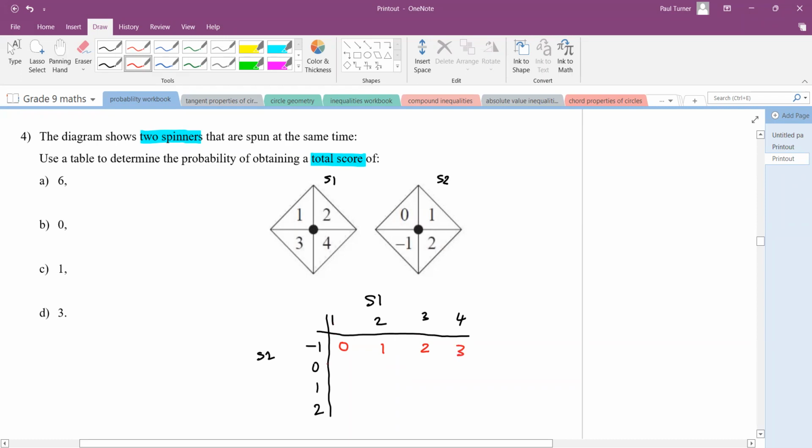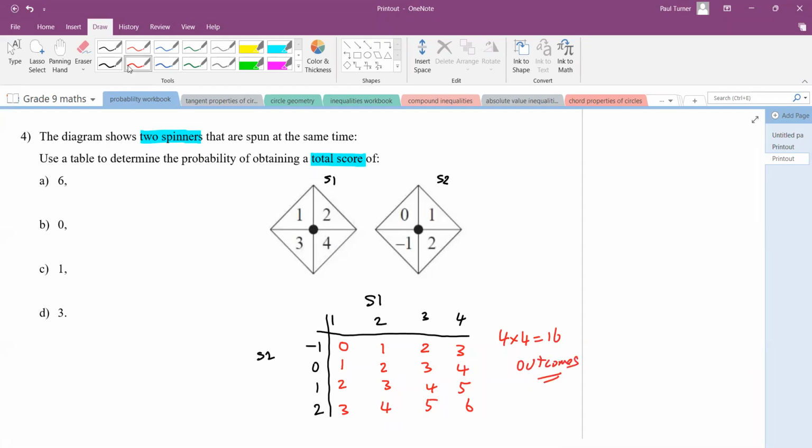And 1 plus 0, 1. 2 plus 0, 2. 3 plus 0, 3. 4 plus 0, 4. 1 plus 1, 2. 2 plus 1, 3. 3 plus 1, 4. 4 plus 1, 5. 2 plus 1, 3. 2 plus 2, 4. 2 plus 3, 5. 4 plus 2, 6. So you can see here we've got a 4 by 4 table, which will give us 16 outcomes in total.